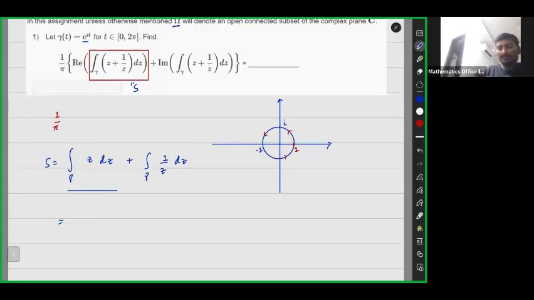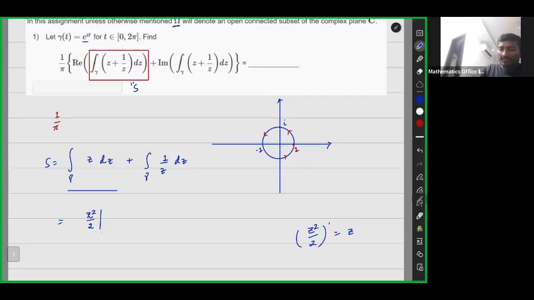What is its antiderivative? z square by 2. If you take its derivative, it will become z, right?